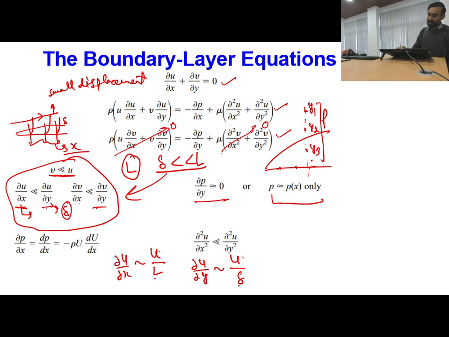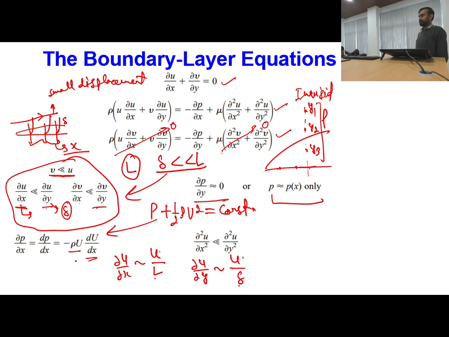Okay, so outside the boundary layer, because the flow will be inviscid, using Bernoulli's theorem, if I neglect the potential head, then I can write P plus half rho u square is equal to a constant. If I take the derivative of this, I get dp by dx equal to minus rho u into du by dx. So ultimately, the pressure gradient in the x direction within the boundary layer can be replaced with minus rho u into du by dx. Okay.